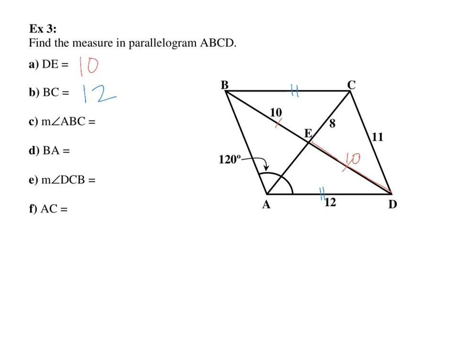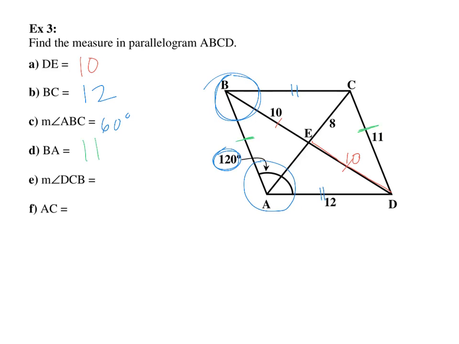Measurement of angle ABC, I know that these angles here add up to 180. So if this is 120, this angle here must be 60 degrees. All right, for the next one, BA, I know that these two sides are the same, so that's 11.